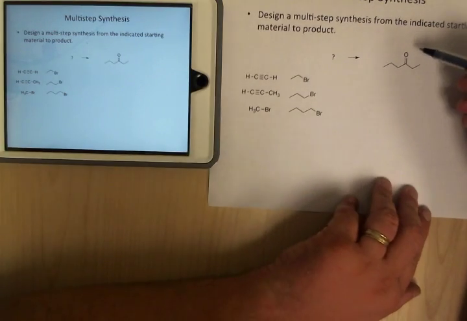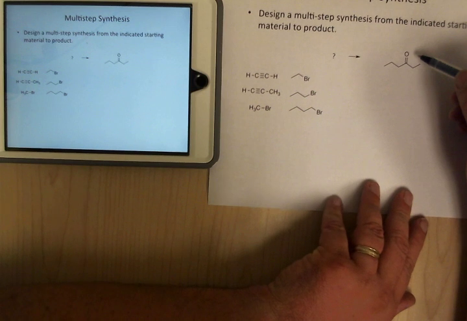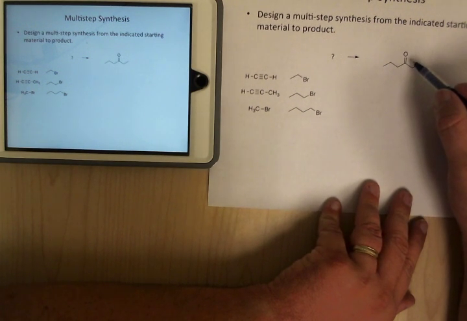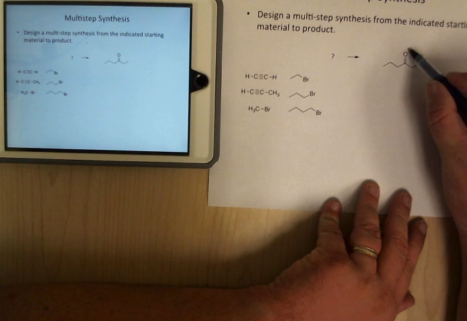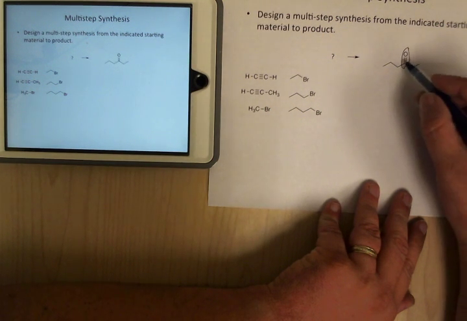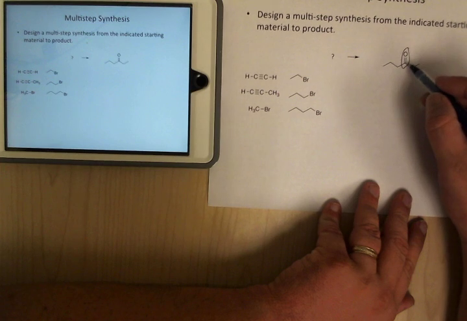But typically, what you'd want to do is to go in and figure out how you put in the functional group that pops up, okay? And so how would you do this? How would you put in a ketone, right?